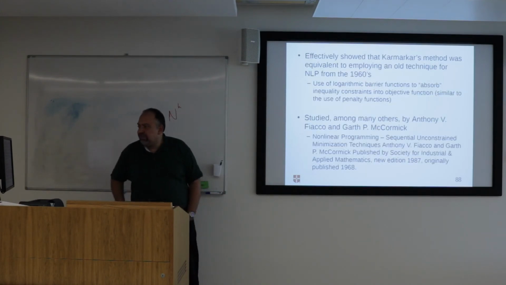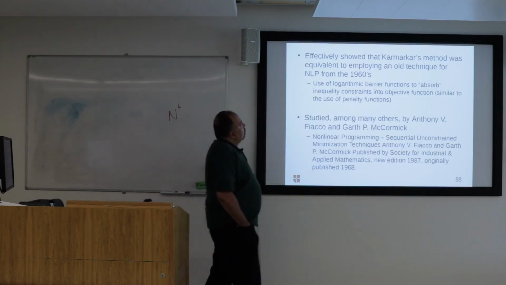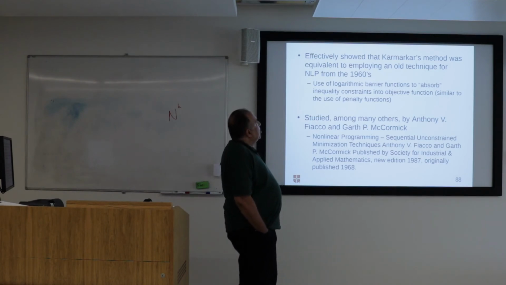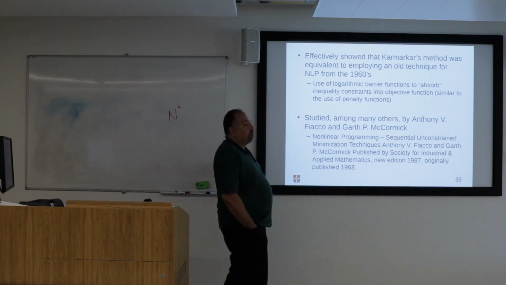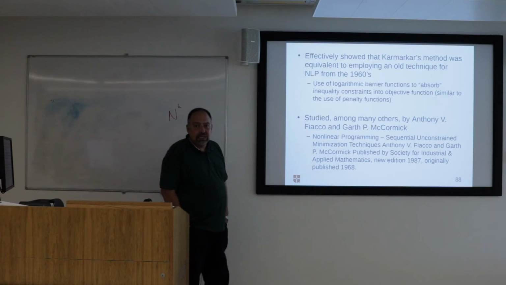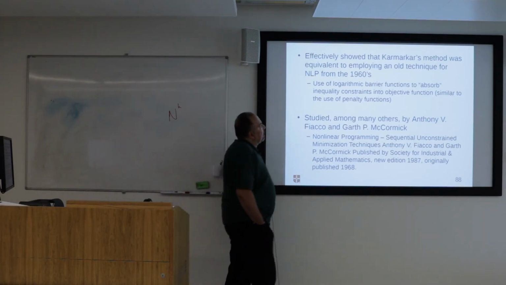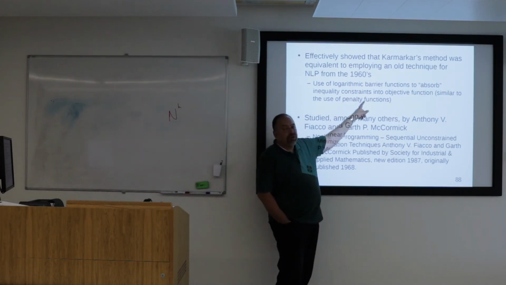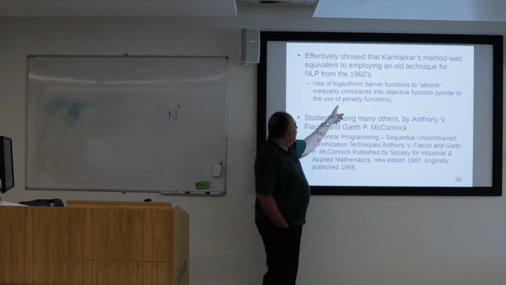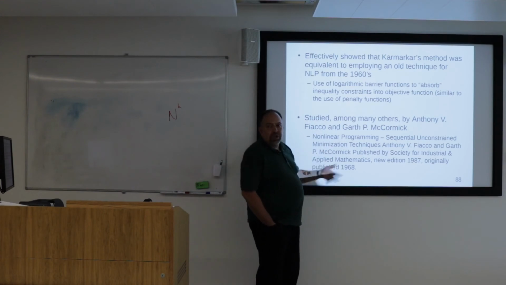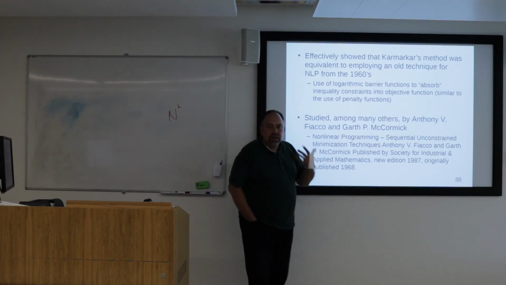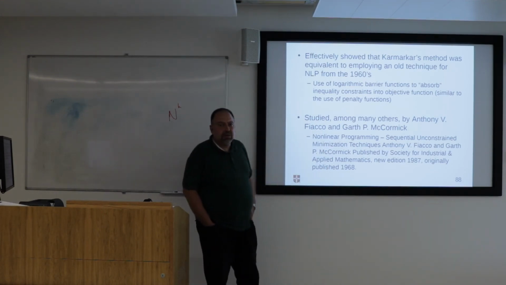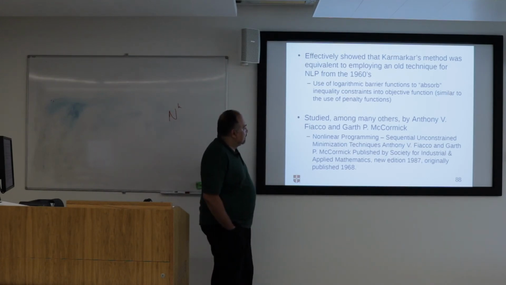So, effectively, they showed that Karmarkar's method was equivalent to employing an old technique from nonlinear programming from the 1960s, which is to use logarithms to absorb the inequality constraints into the objective function, penalize them, and then solve this problem with more advanced numerical method, linear algebra techniques.